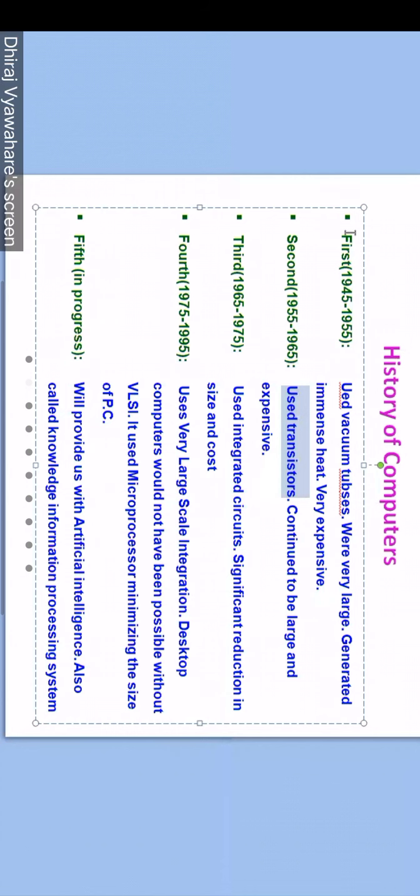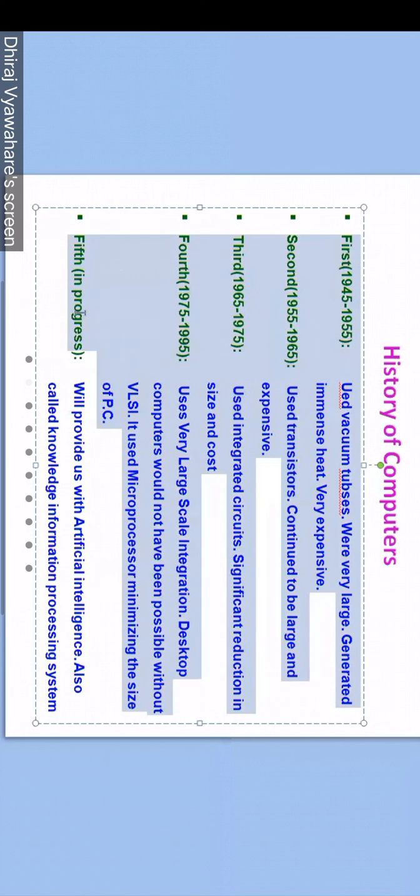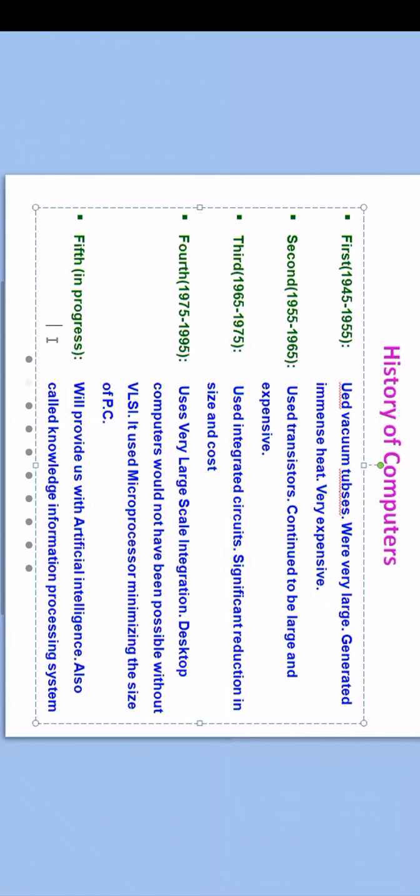I will show you a separate slide for that, for the first generation, second, third, fourth, and fifth generation. Okay, so in the first generation there were only vacuum tubes. In the second, transistors came; in the third generation, ICs came; in the fourth generation, very large integration of ICs; and the fifth generation is the age of artificial intelligence.